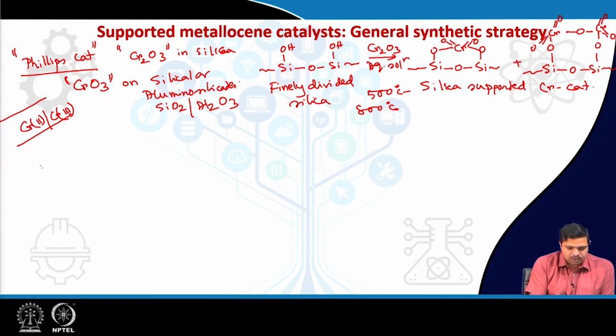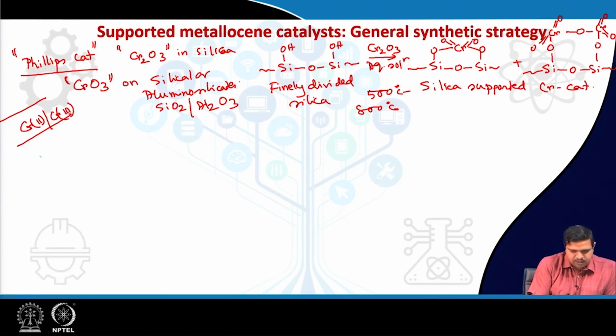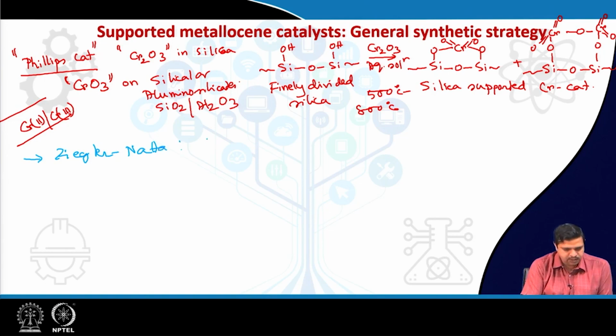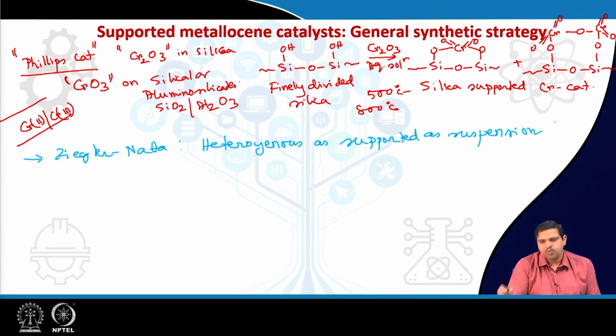So let us come to our polymerization catalysts. Now, we all know that Ziegler-Natta is a heterogeneous catalyst, and it is used supported, as a suspension or slurry in hydrocarbon liquids in the polymerization reactor.